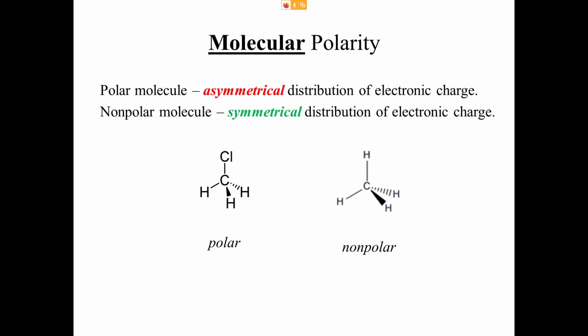So when you have that symmetry of the electrons being pulled from the carbon by all those hydrogens, it's a non-polar molecule. It's perfectly balanced, symmetrical. Whereas on the left, there's an asymmetry. The chlorine is pulling differently than the other three, so it's a polar molecule.